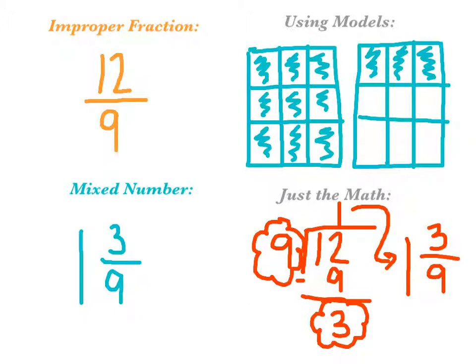Can you simplify that fraction? 3/9. Very good question. I believe we can. Because I think 3 and 9 both have a greatest common factor of 3. So it would actually be simplified to 1 and 1/3. Yay!